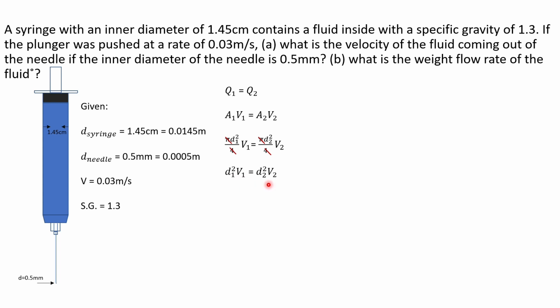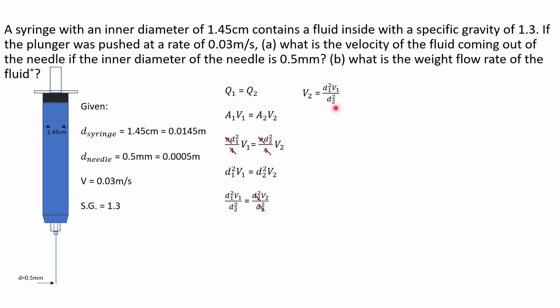The variables in our equation have values in our givens, and we are looking for v sub 2, so we need to isolate v sub 2 on one side of the equation. We divide both sides of the equation by d sub 2 squared, and cancelling d sub 2 squared, we have v sub 2 is equal to d sub 1 squared times v sub 1 all over d sub 2 squared.